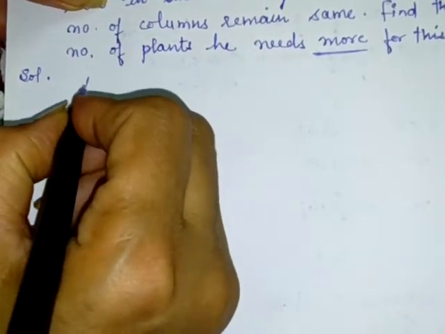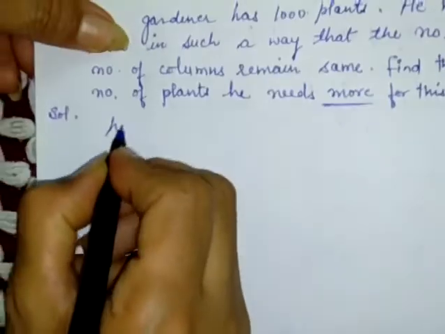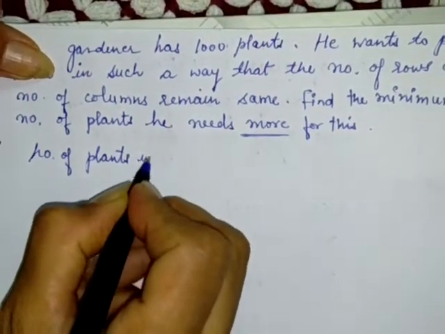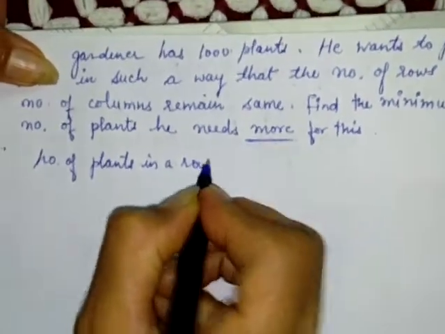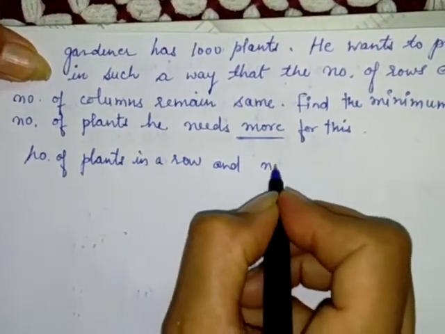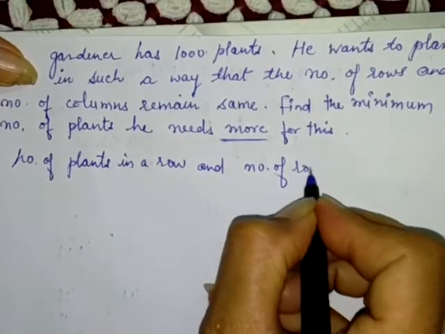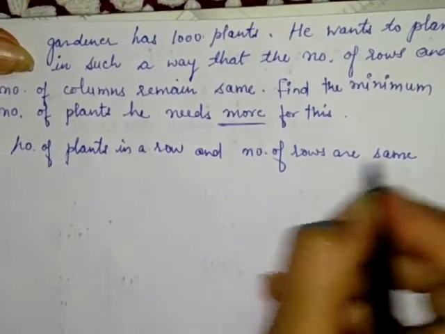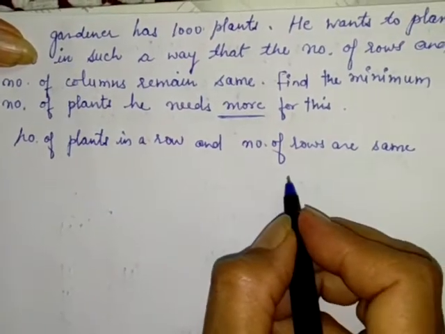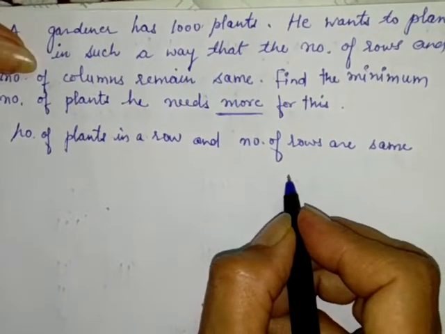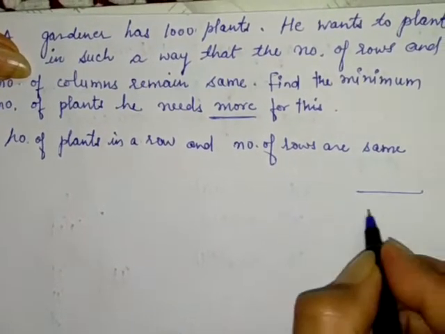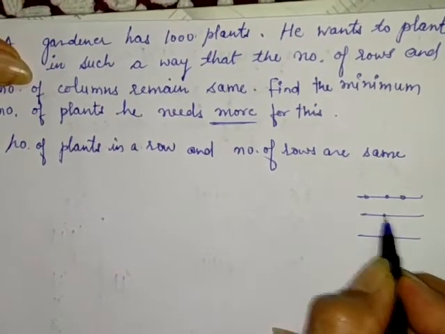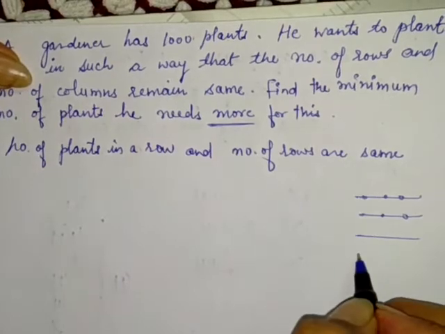So beta, it's given to you that the number of plants in a row and the number of rows are the same. It means the total number of plants used in the arrangement must be a perfect square. What does this mean, beta? Suppose I say I have 3 lines and in one line there are 3 plants, then how many total plants will there be? 3 into 3.